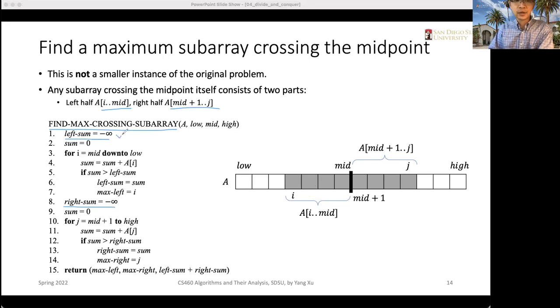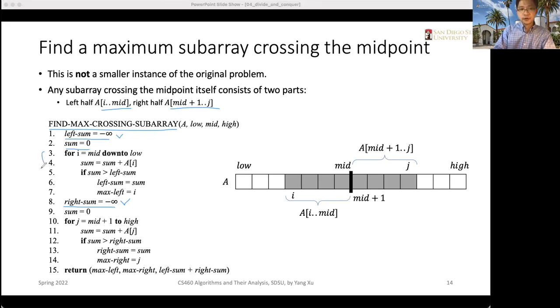They both start with negative infinity, because that is a value smaller than any number, right? And for line 2, we use a temporary variable sum to store the current summation.